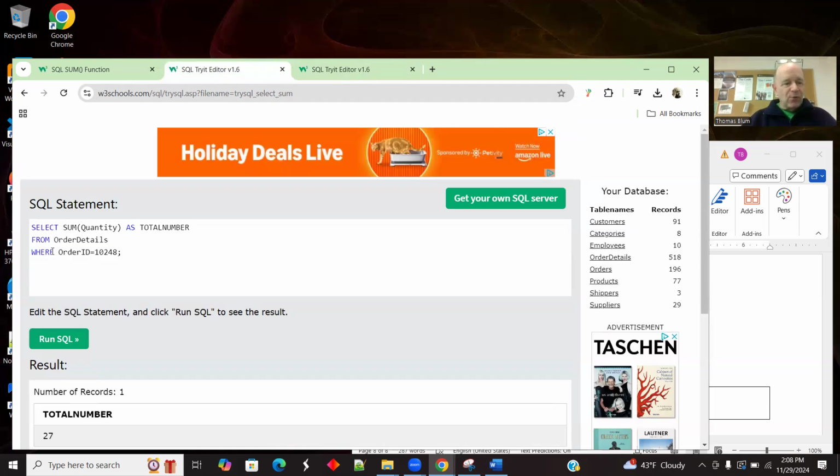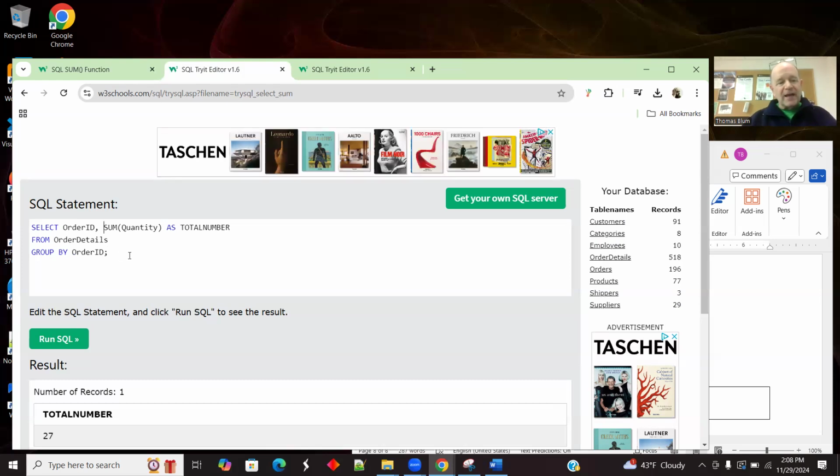Okay, or we know that we can do, instead of picking out one order ID, we can instead use a group by order ID, and then add that order ID up here, and we can then get, for each order, that sum.